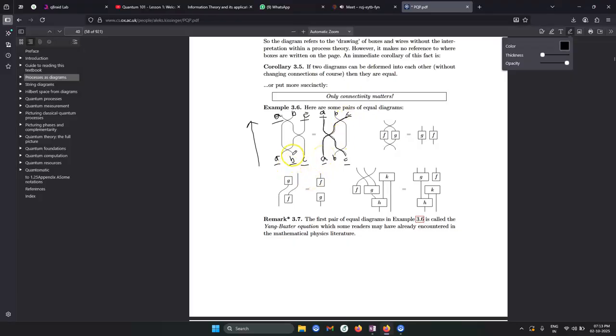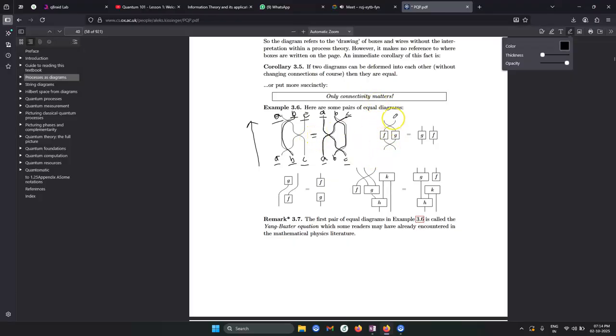Lastly, B as an input gives us B as an output, and that is similarly true in this case. So that is why these two equations are the same. These two diagrams make the exact same connections, therefore they are equivalent diagrams.